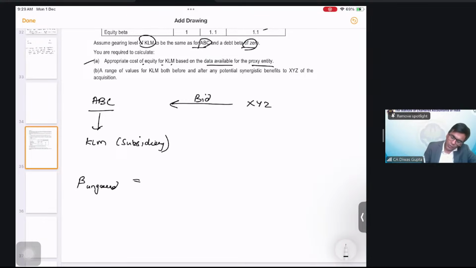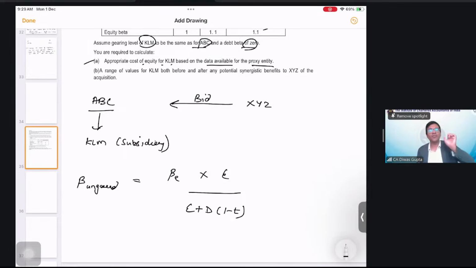Beta ungeared is equal to beta of equity multiplied by equity divided by equity plus debt, 1 minus tax, right? Proportionate. So beta of equity in proportion to the equity value plus beta of debt in proportion to the debt value.